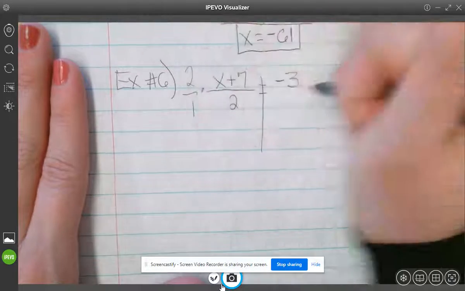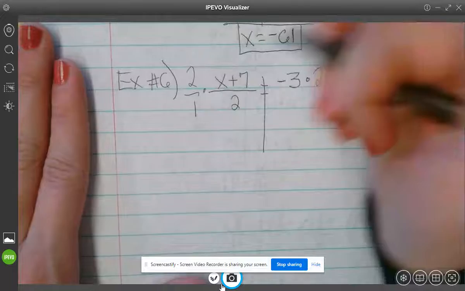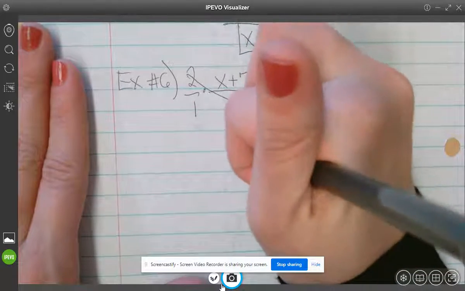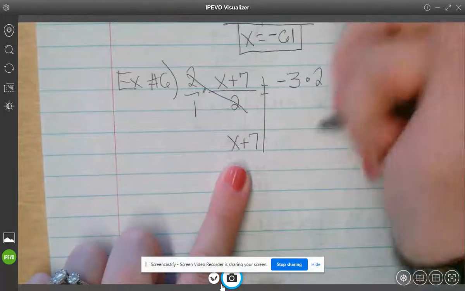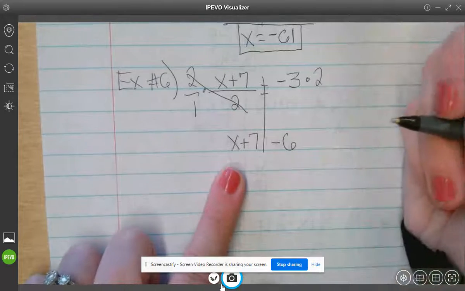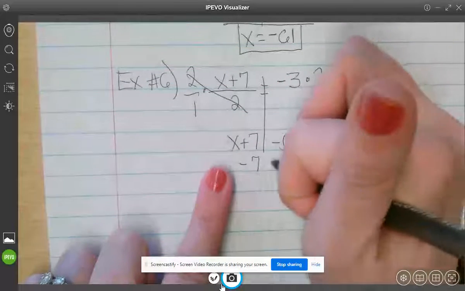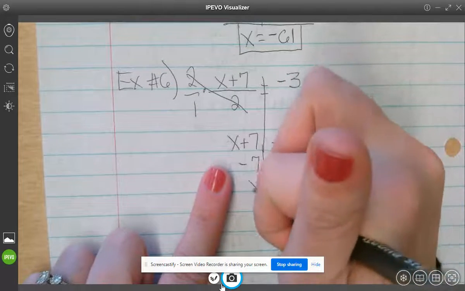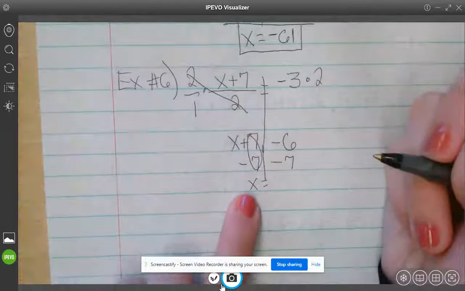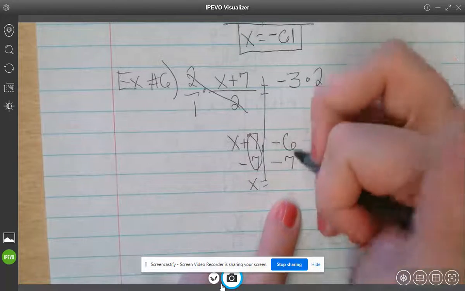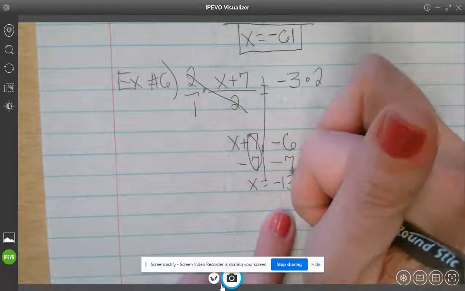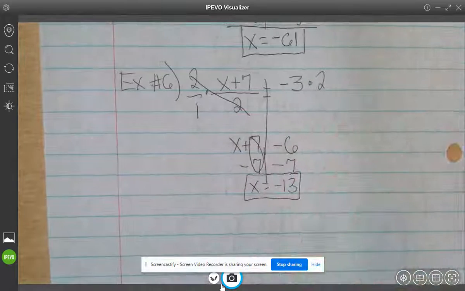I'm going to multiply by 2 first. All that goes away. X plus 7 is left. Negative 6 on this side. I'm going to subtract 7. Leaving me with x, and then negative 6 and negative 7 making negative 13. All right, that is it.